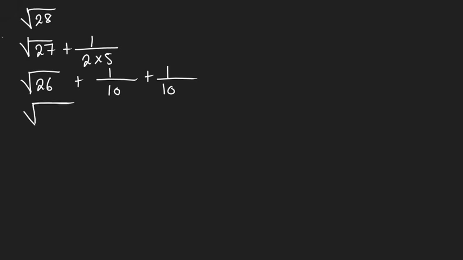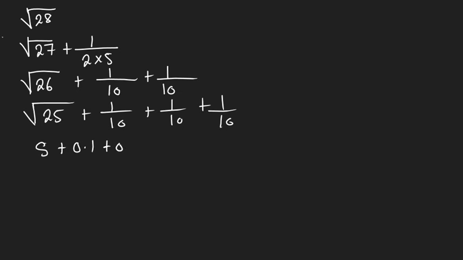Again, if I reduce it to 25, I'm going to add 1 over 10 plus 1 over 10 plus another 1 over 10, like that. So this is going to give me 5 because it's a common root, 5. Then plus 1 divided by 10 is 0.1 plus 0.1 plus 0.1, like that.